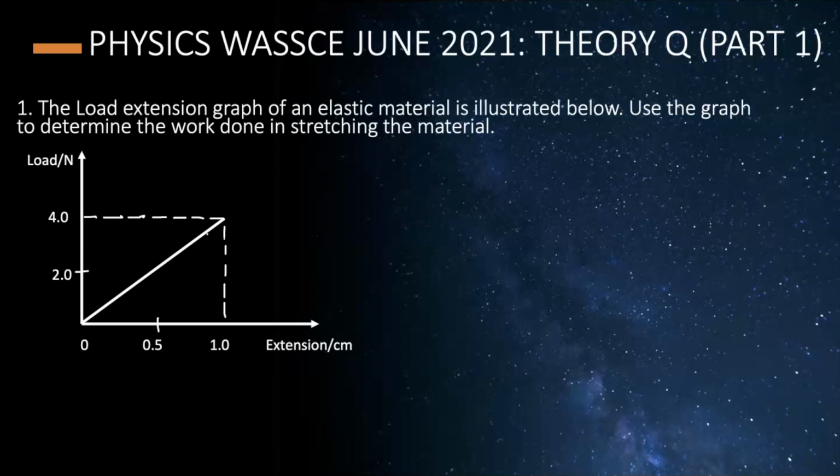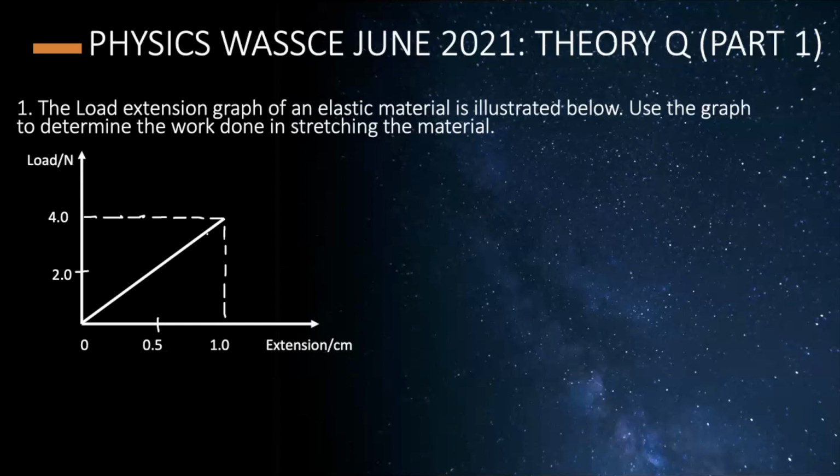In order to understand this question, we have to understand this graph. So this graph is explaining a work done by a load of force that is 4 Newton. This load of force was used to stretch an elastic material by 1 centimeter.